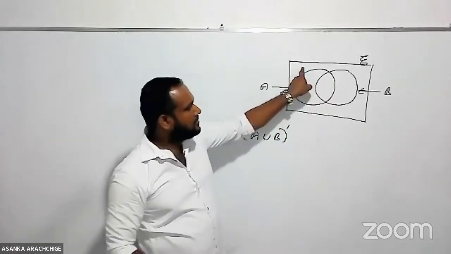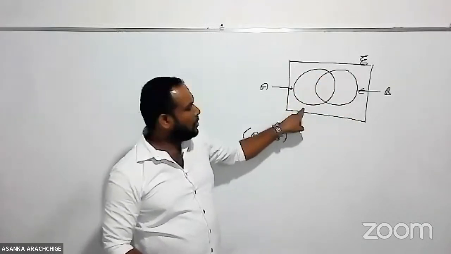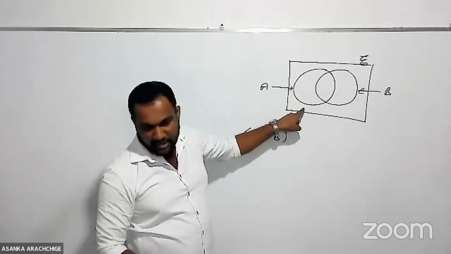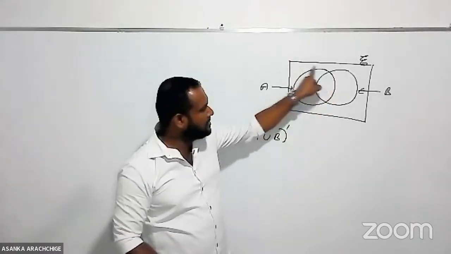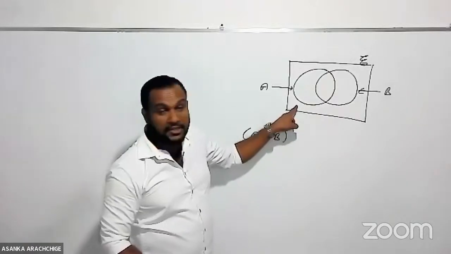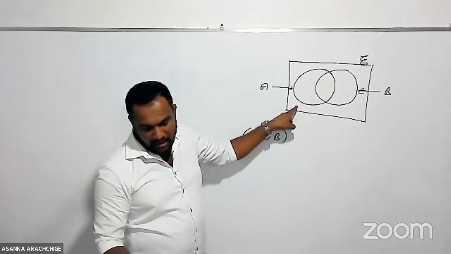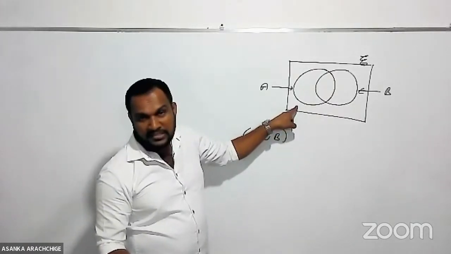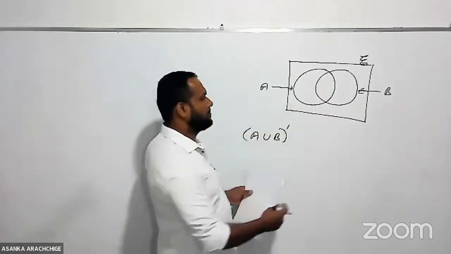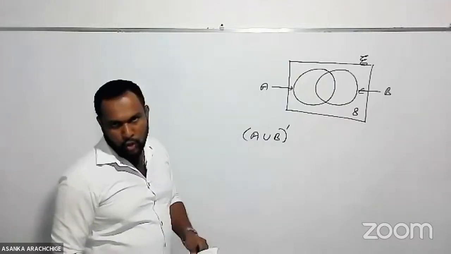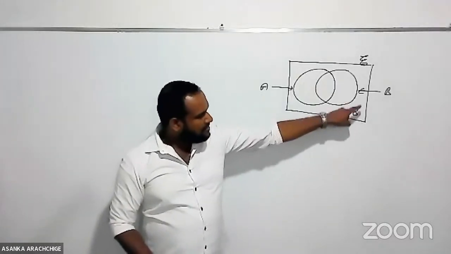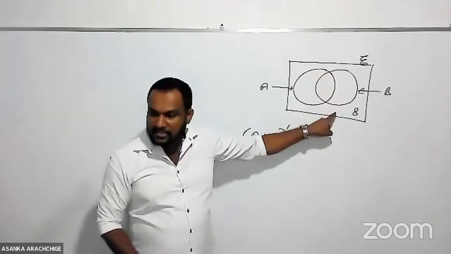That means the elements in this outer region. Understood? The elements outside the union of these two means the elements in this region. There is only one element. What is that? 8. Therefore, 8 must be here. You can put 8 anywhere in this region.